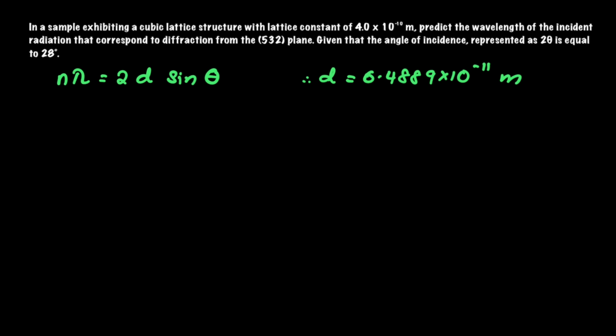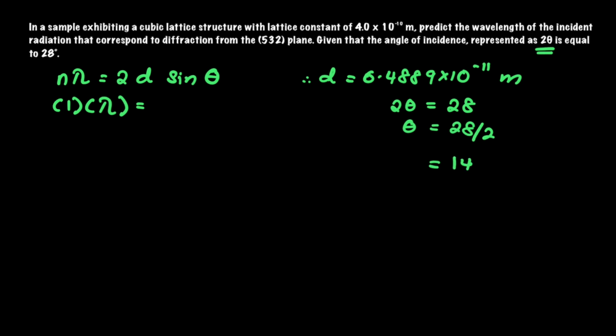In the question, it doesn't state the order, so we assume n is equivalent to 1 and we are trying to find lambda. Next, in the question it states 2 theta is equivalent to 28. Therefore, your theta is equivalent to 28 divided by 2, which is 14.